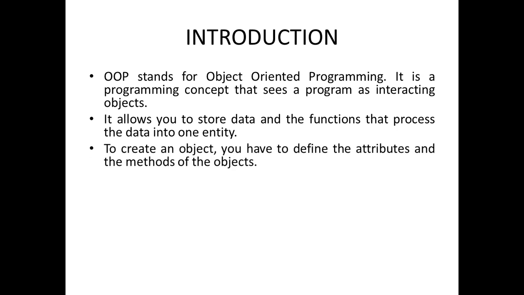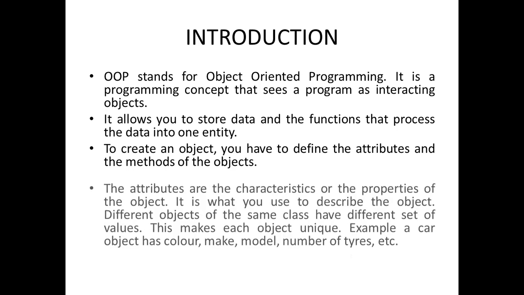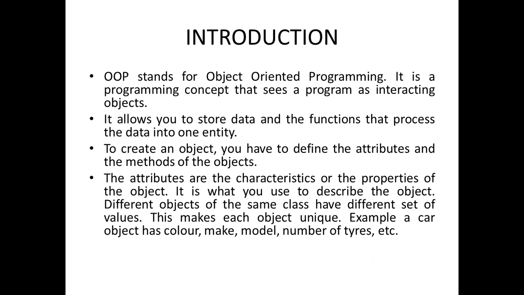So to create an object, you have to define the attributes and the methods of the object. When we talk about attributes, what are we talking about? We are talking about the characteristics or the properties of the object. The things with which you can define the object are what we see as attributes or properties of that object. It is what you use to describe the object.